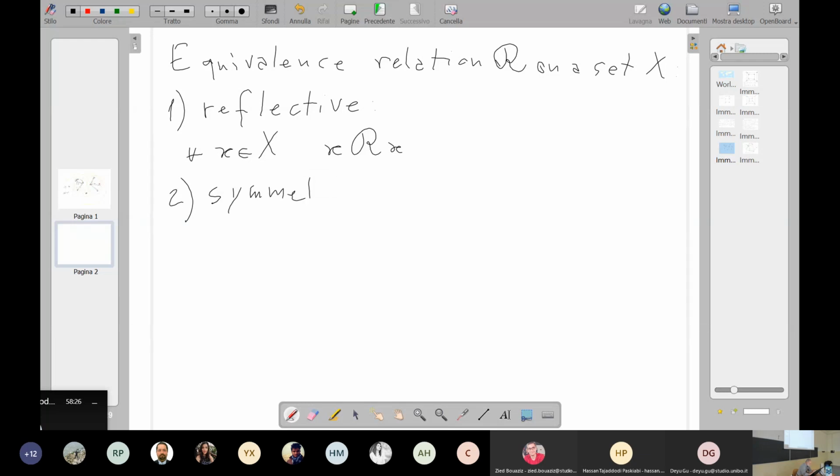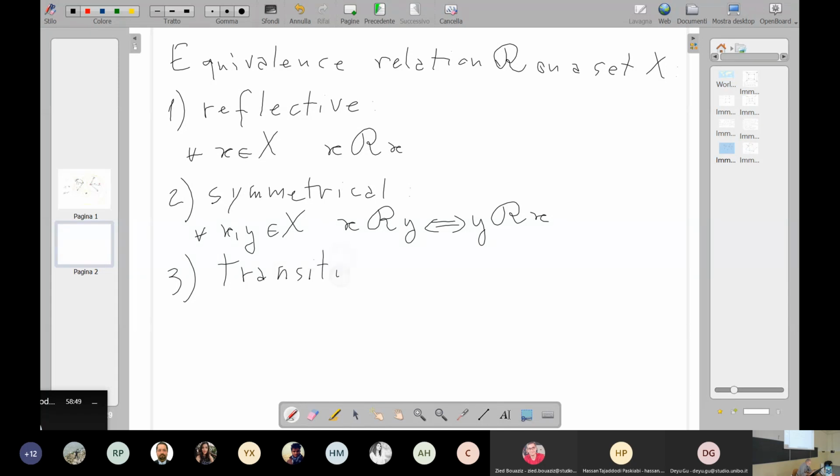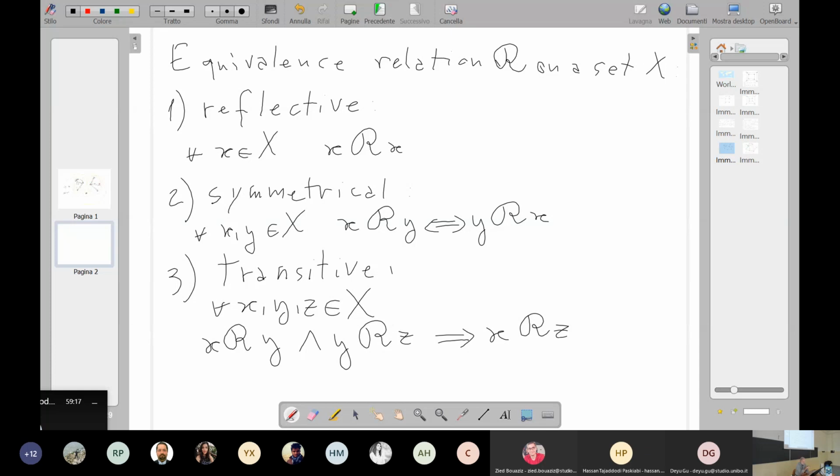Two, symmetric: for all X and Y belonging to capital X, X is in relation with Y if and only if Y is in relation with X. And third, transitive: for all X, Y, Z belonging to capital X, X is in relation with Y and Y is in relation with Z implies that X is in relation with Z. We'll see by solving an exercise that we have transitivity.